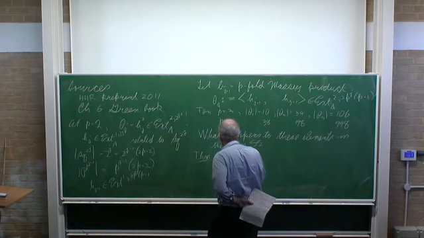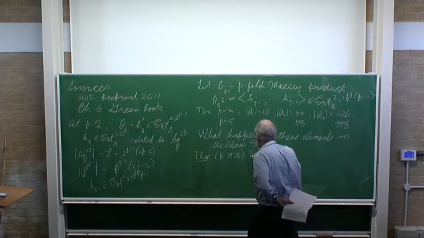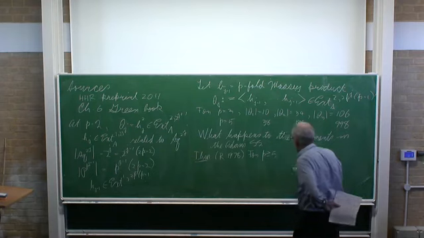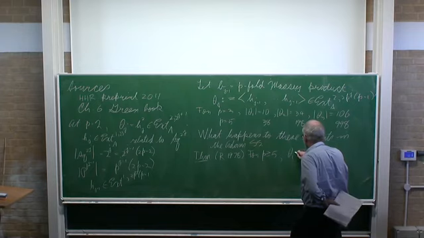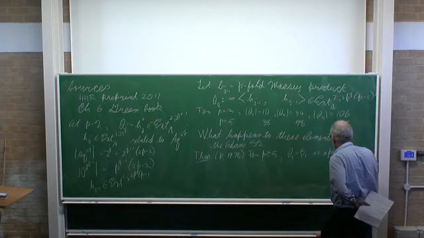Okay, so I proved the following in 1978. If the prime is at least 5, beta 1 is a permanent cycle.